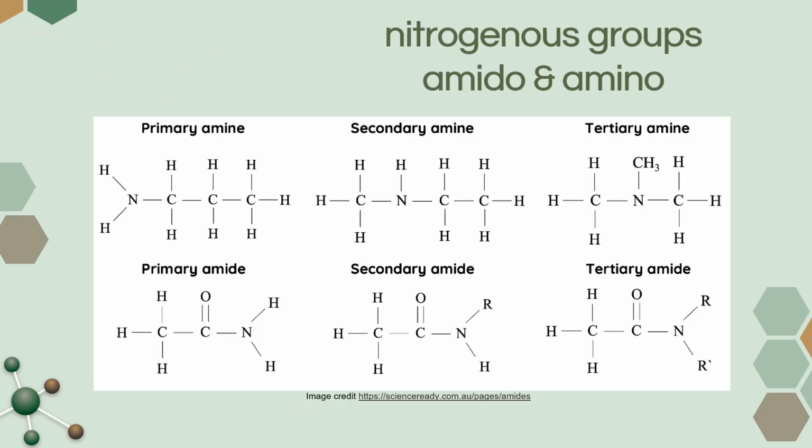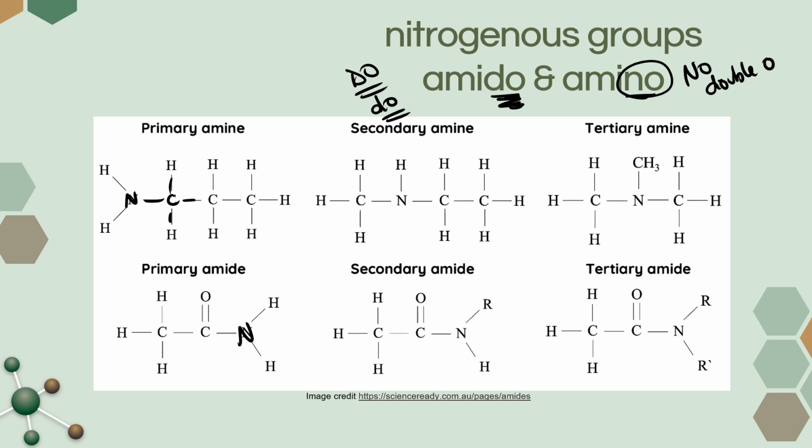We also have a couple of kinds of functional groups that have nitrogen in them, hence nitrogenous functional groups. We have amido and amino functional groups. Amino groups have no double bonded oxygens. So here I have nitrogen that is bonded to a carbon. That carbon is not bonded to any oxygens with double bonds. Amidos, however, do have double bonded oxygens.